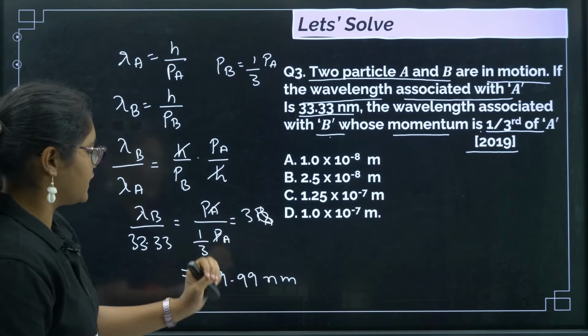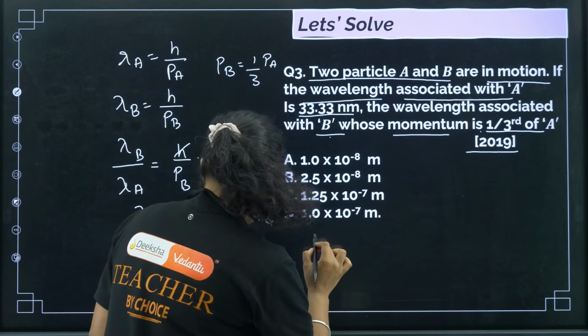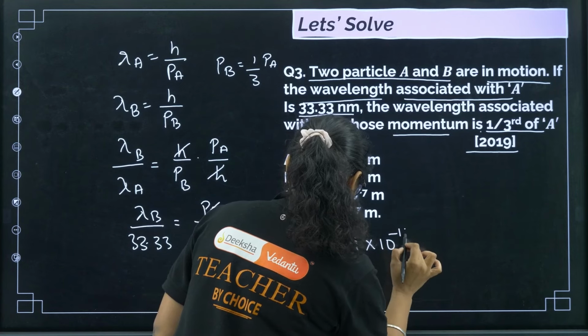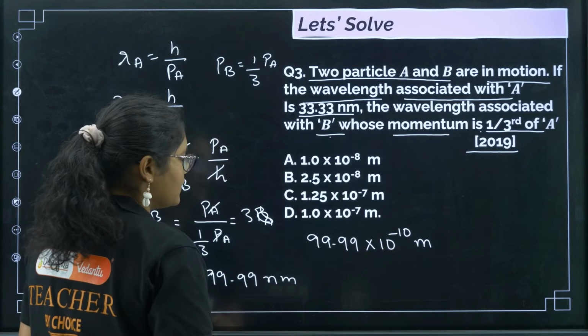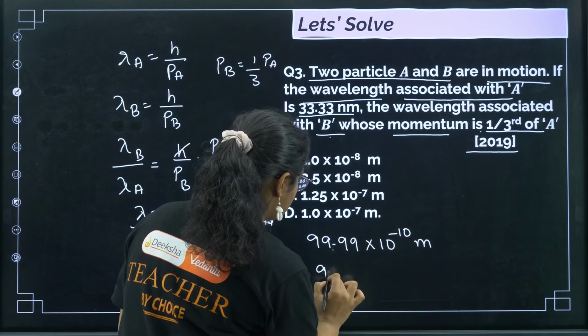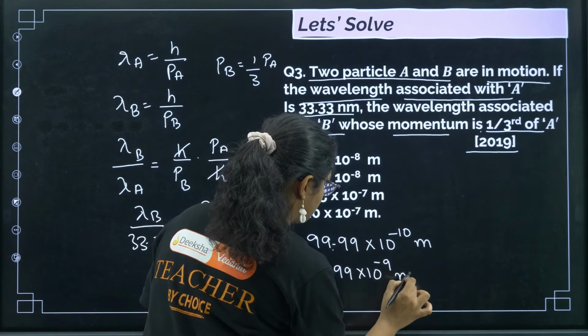The options are again in terms of meter, right? So I can write it as 99.99 into 10 to the power of minus 10 meter. Now if I go this side, then I can write it as 9.99 into 10 to the power of minus 9 meter.